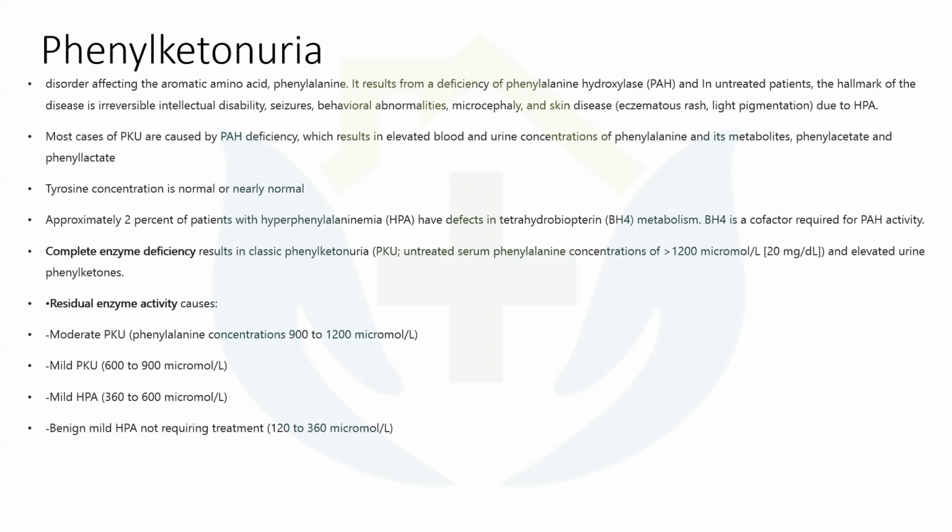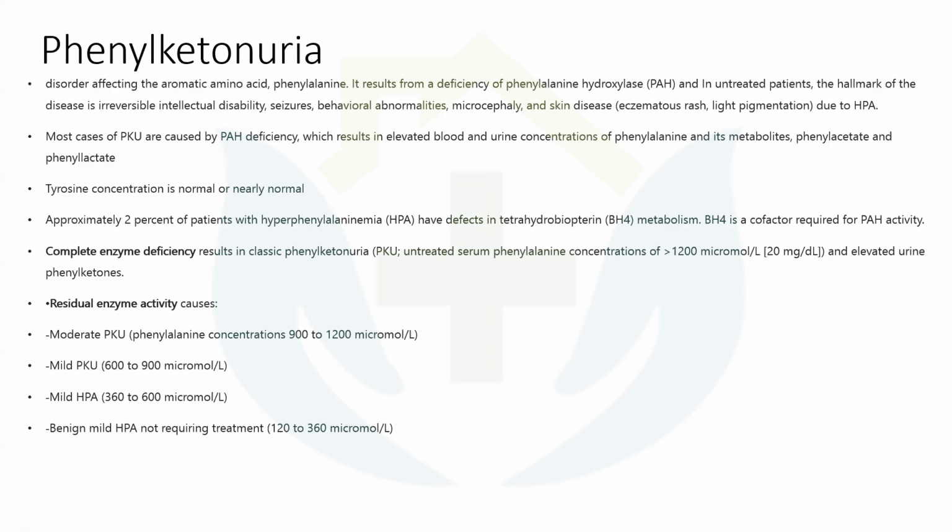In about 2% of cases, the hyperphenylalaninemia is due to a defect in tetrahydrobiopterin metabolism. This is actually a cofactor in the hydroxylation pathway.